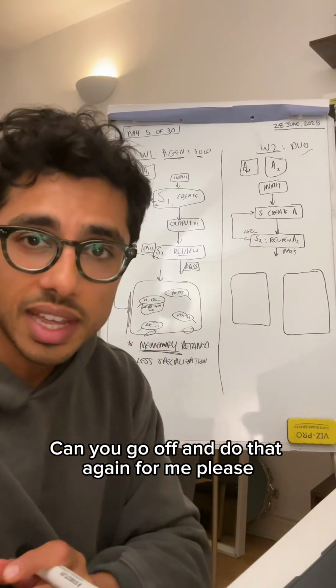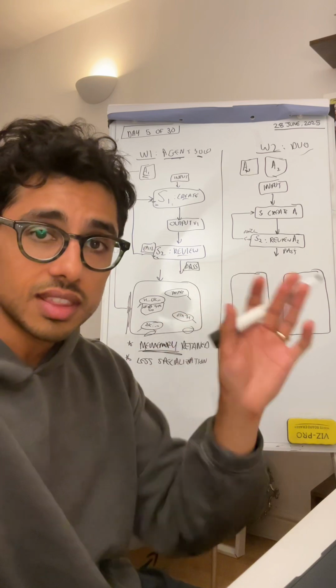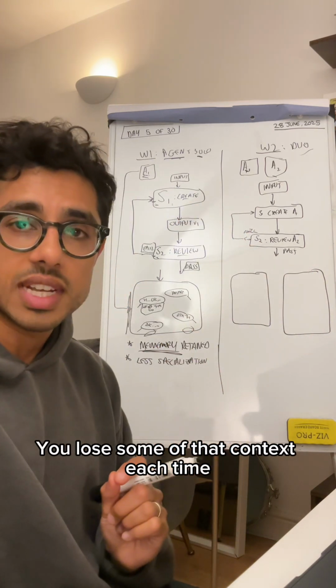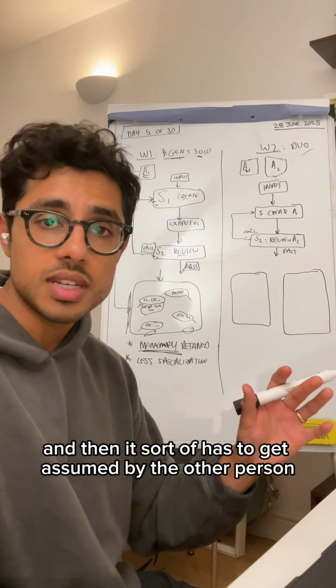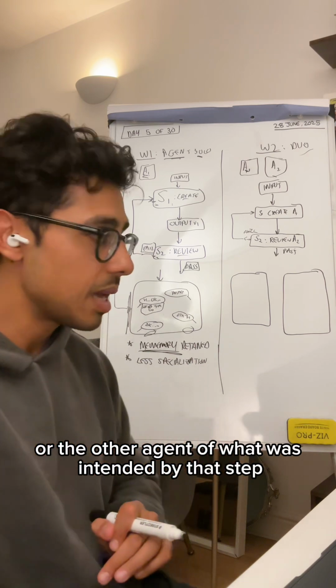Can you go off and do that again for me, please? That's the downside of having multiple specialized agent approach. You lose some of that context each time, and then it sort of has to get assumed by the other person or the other agent of what was intended by that step.